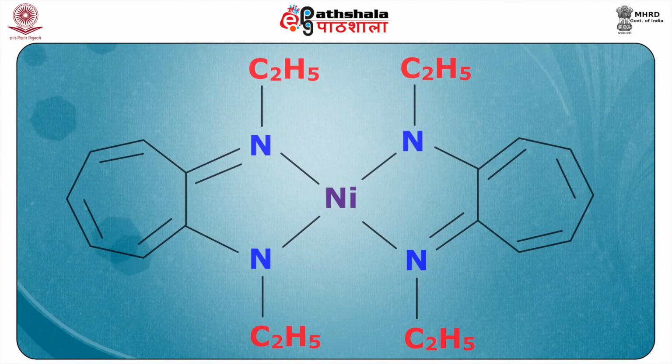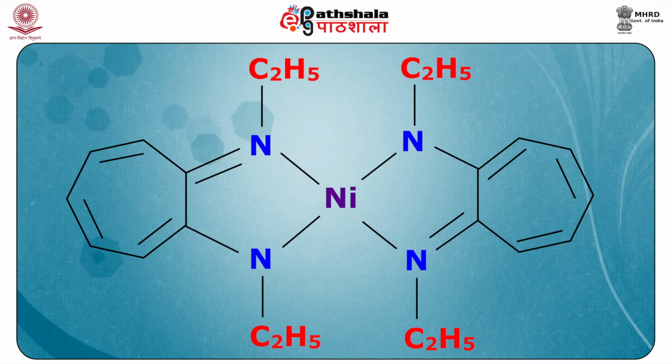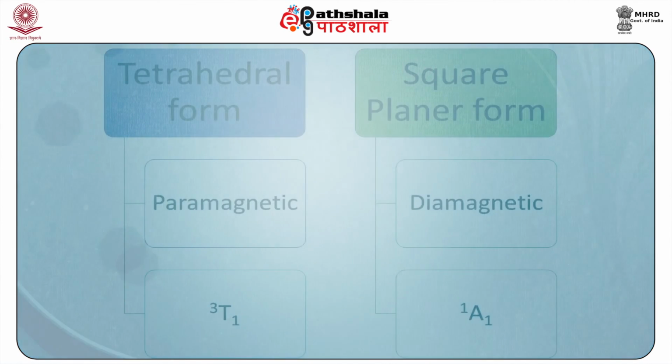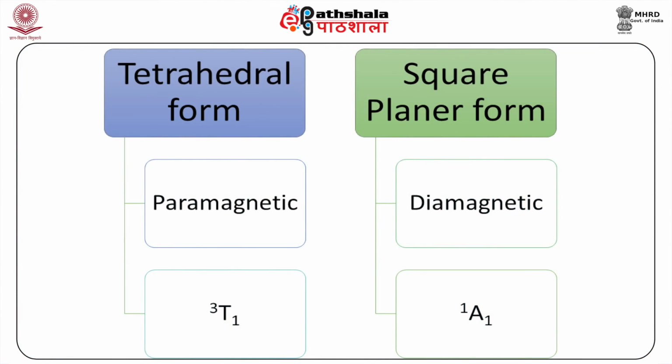For example, a 4 coordinated complex of nickel 2 plus with the ligand N,N-diethyl aminotroponeimine shows an equilibrium between the tetrahedral and square planar species in solution. The tetrahedral form of this complex is paramagnetic and the square planar form is diamagnetic.